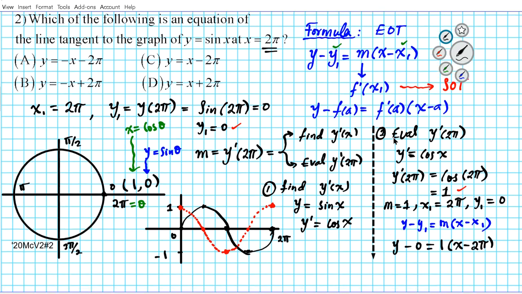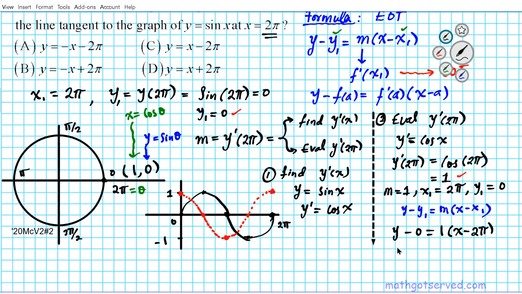And then if we want to make this pretty, we have y equals x minus 2 pi as the answer to question number 2. All right, so the answer to question 2 is option letter C. So that's basically how you find the equation of a tangent line using calculus.